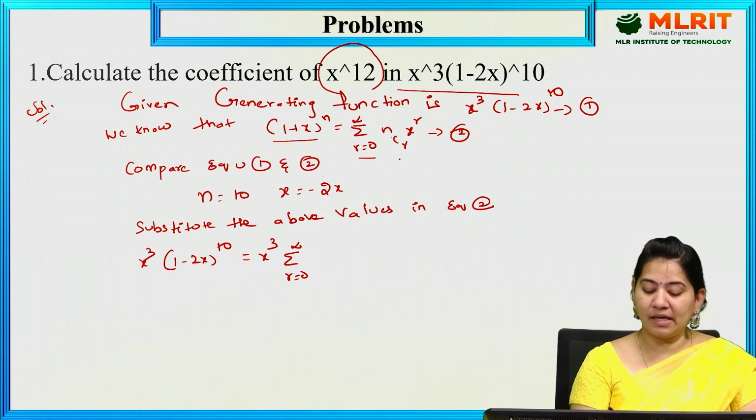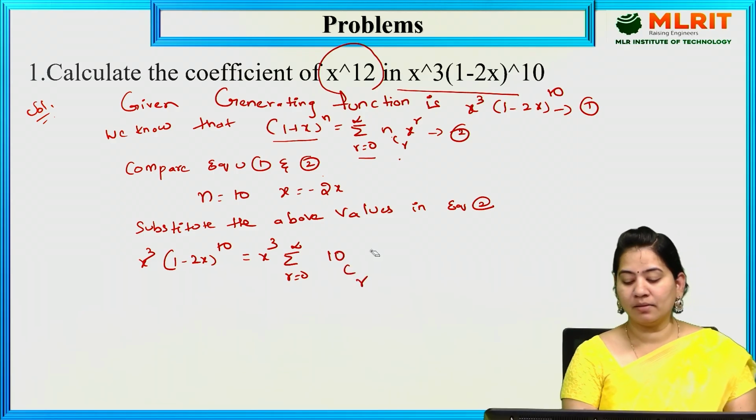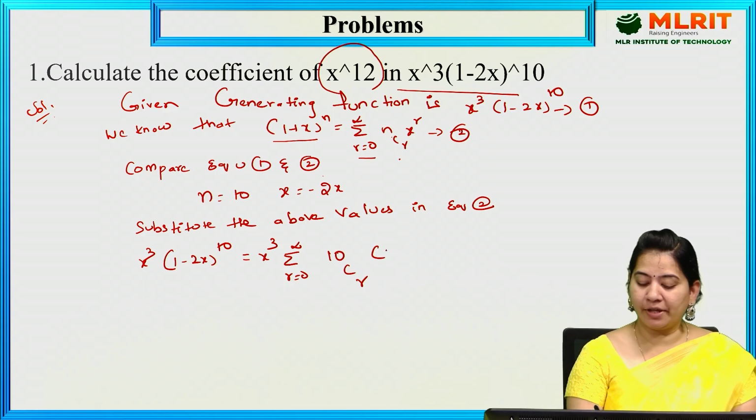What is nCr here? nCr is 10Cr, and x is minus 2x, so we write minus 2x whole power r.